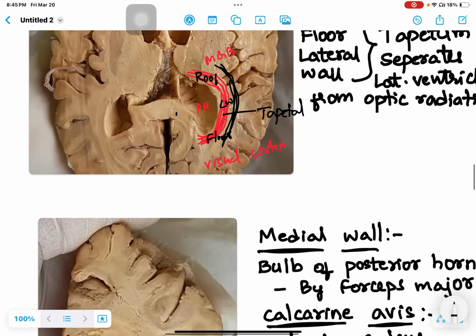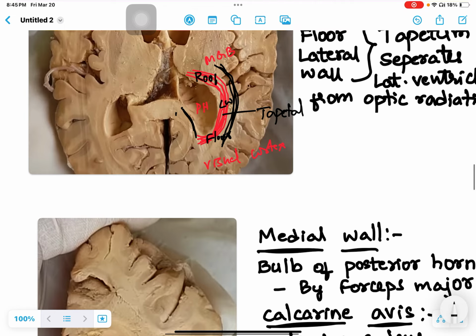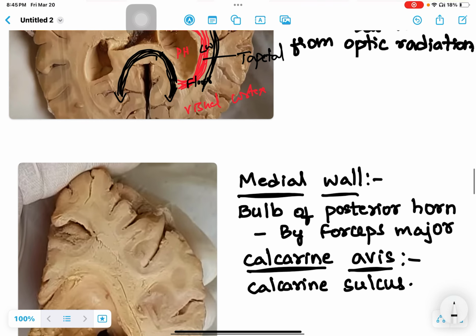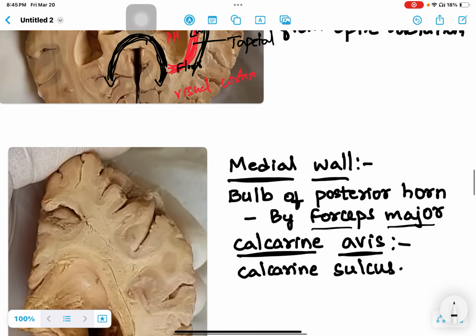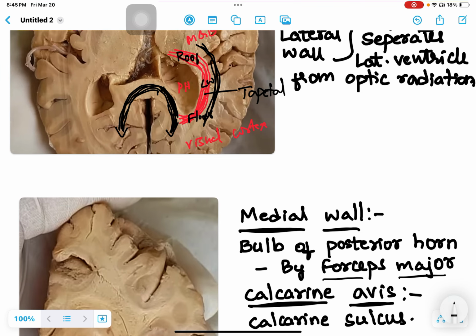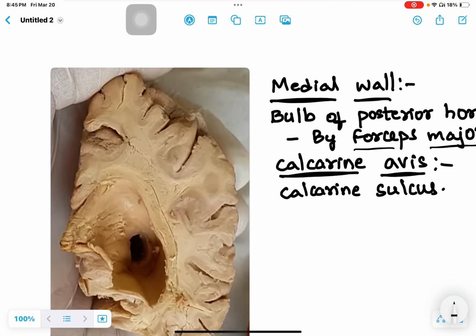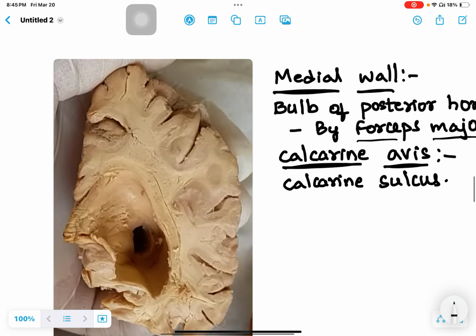Then next you will see the medial wall. This is the medial wall. This medial wall is formed by fibers of the corpus callosum called forceps major. The fibers of the forceps major project into the lateral ventricle to form an elevation here.